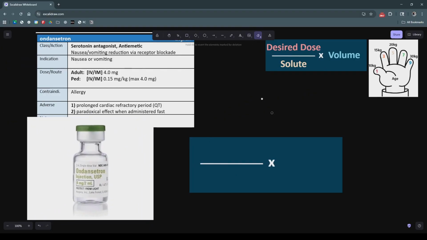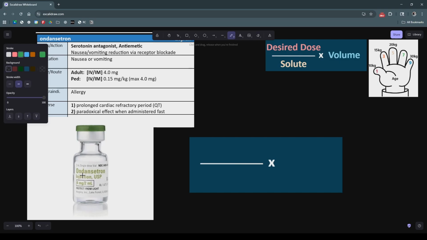Then we're looking at the concentration, which is right here, 4 milligrams and 2 milliliters. So this over here, our solute in volume, is our concentration. That's our 4 milligrams in 2 milliliters, right? And so I know how to input everything because my desired dose is 4.0 milligrams, the dose I want to give them.